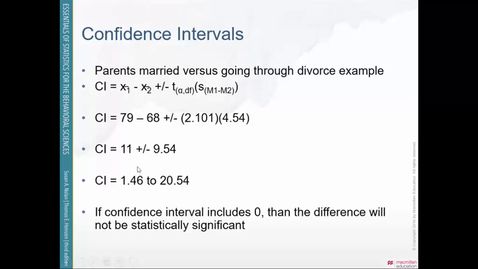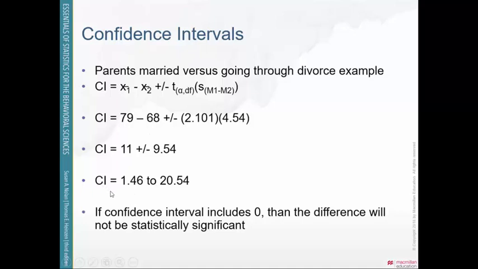And what this tells us is that in the population, we are 95% confident, and remember, we're 95% confident because we looked up a t at the 0.05 level. That tells us there's a 5% chance we're making a type 1 error, which also means we're 95% confident we're not.